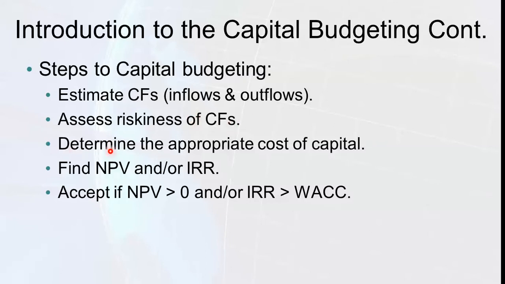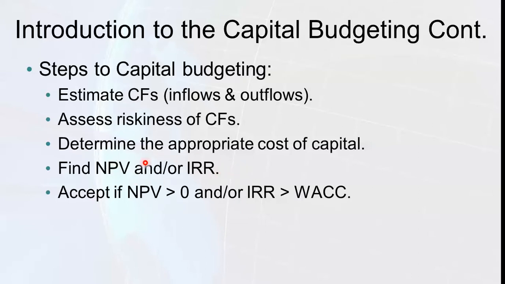Based on the riskiness of the cash flows, you determine the appropriate discount rate, appropriate cost of capital, and compute NPV or IRR or whatever criteria your company is using. Could be profitability index or MIRR or payback period or discounted payback period.